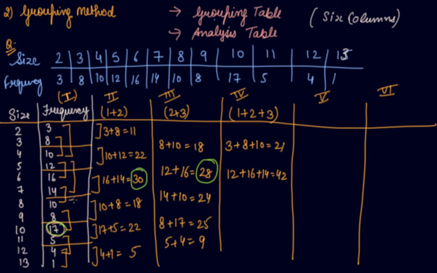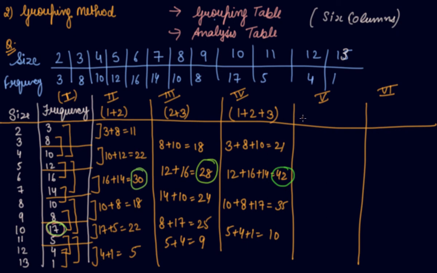Then we add 10 plus 8 plus 17, which is equal to 35. Then we add 5 plus 4 plus 1 is 10. So the highest frequency in this is 42, and circle the 42.